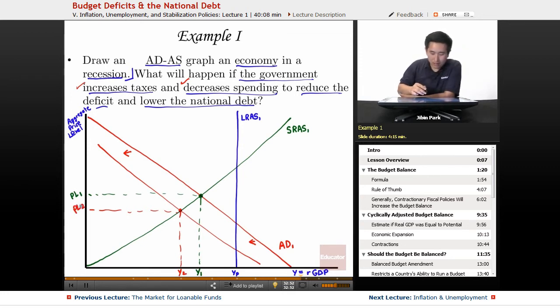So yes, you want to balance the budget, and good job, you do balance the budget. But the downside is that you worsen the recession. So go ahead and pick your poison.